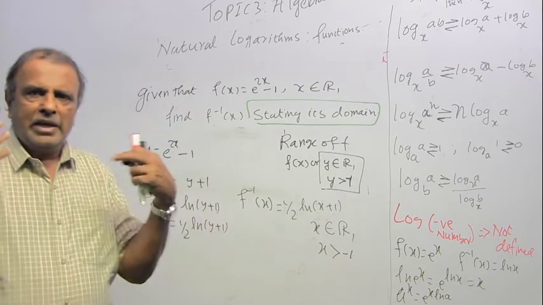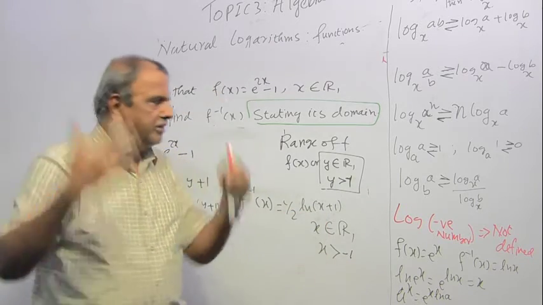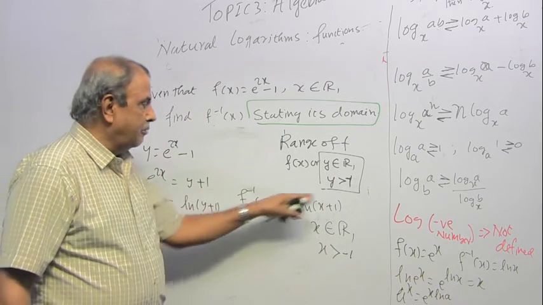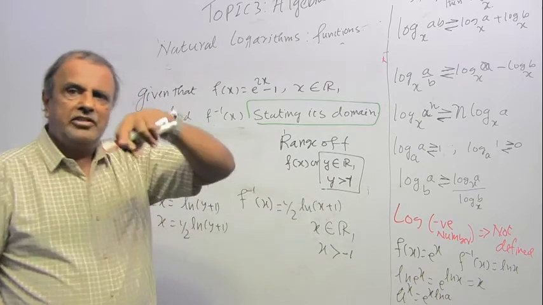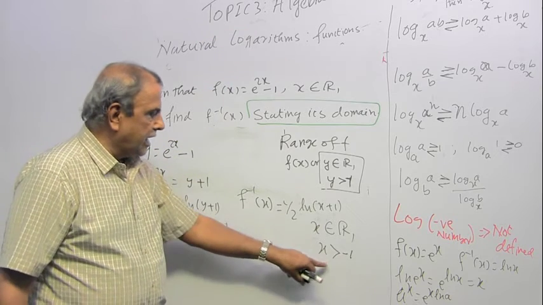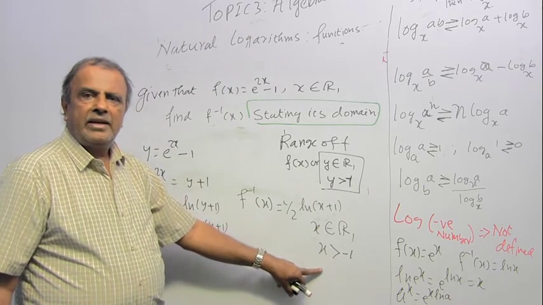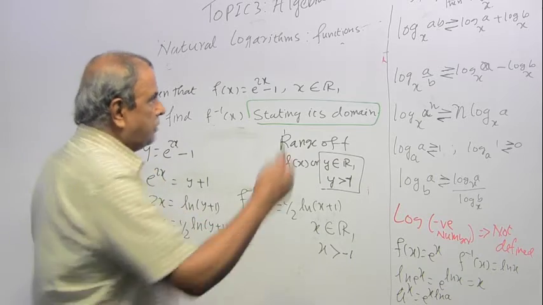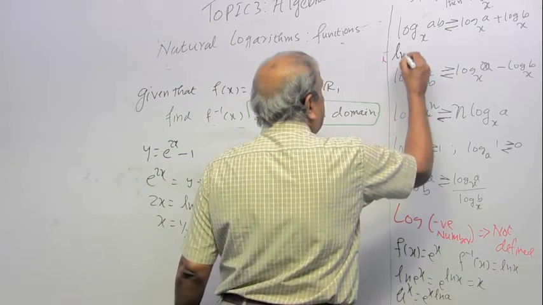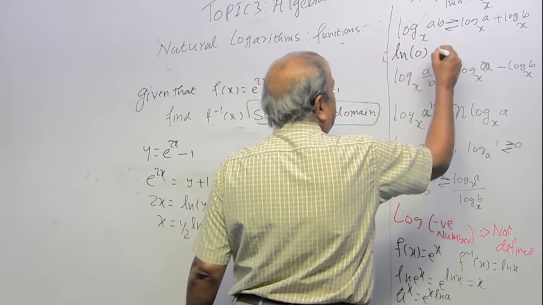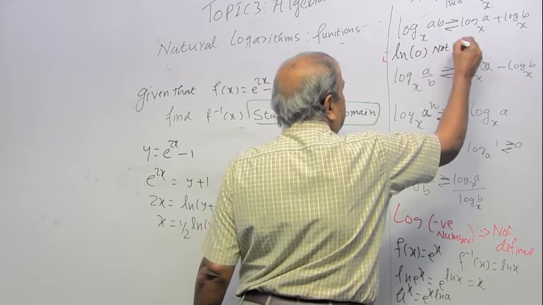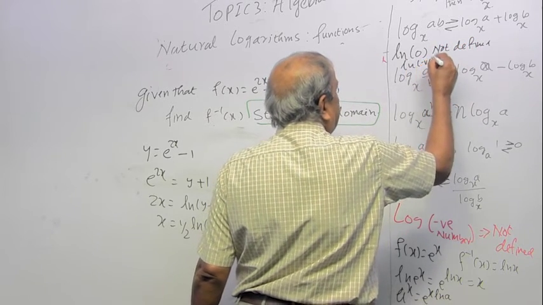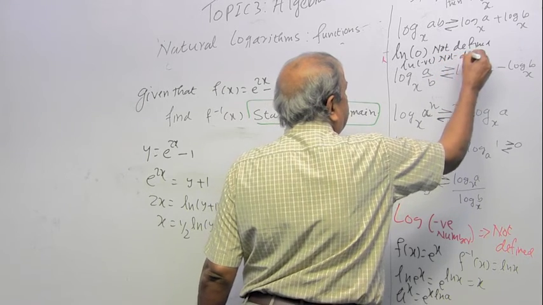So perhaps if you can remember the properties of a log, you need not draw the graph the way I did it. By looking at the answer, remember we did this in rational functions, you can figure out what the domain for the inverse or the range of the original should be. So ln of 0 is not defined, ln of a negative is not defined.